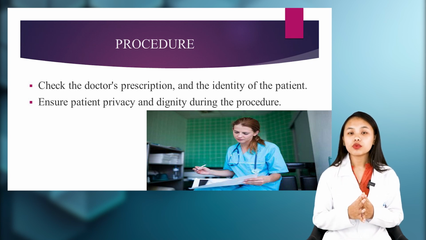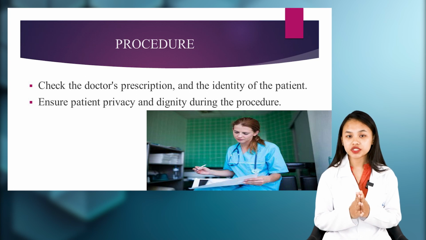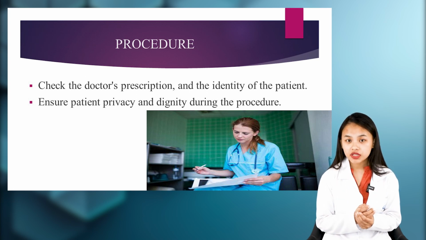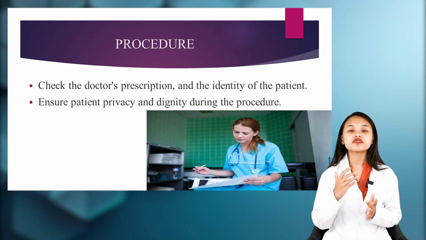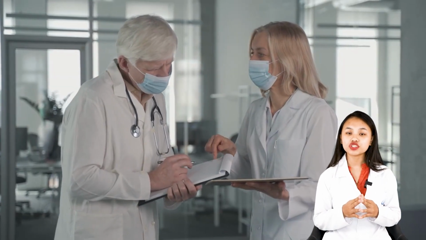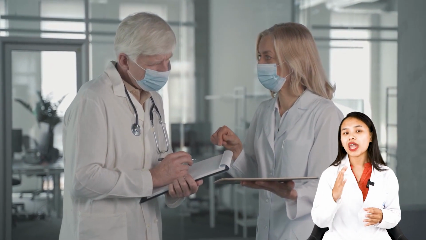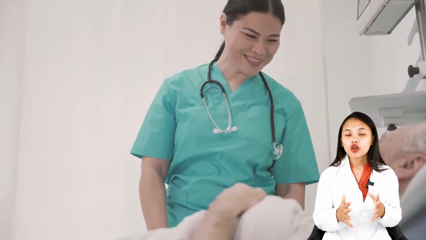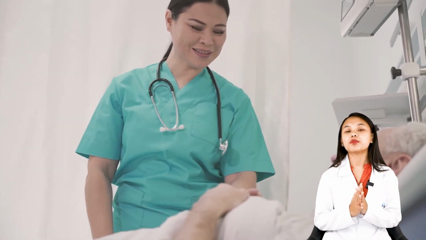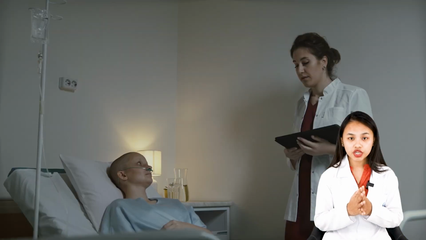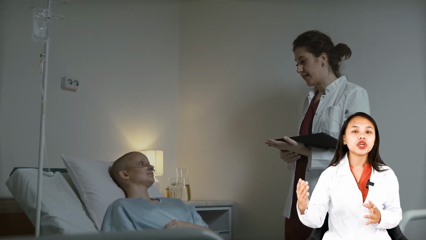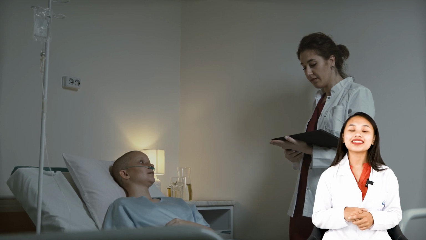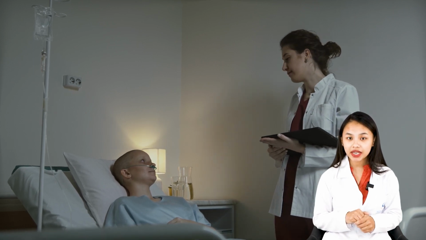Now, while we are performing the procedure for the patient, it is our responsibility that we must first check the physician's order for any specific precaution. We must identify the right patient. We must provide privacy to the patient. We must arrange all the articles at the patient's bedside.